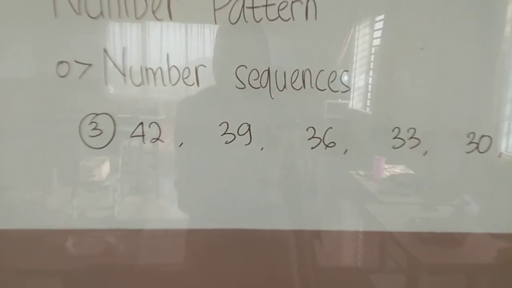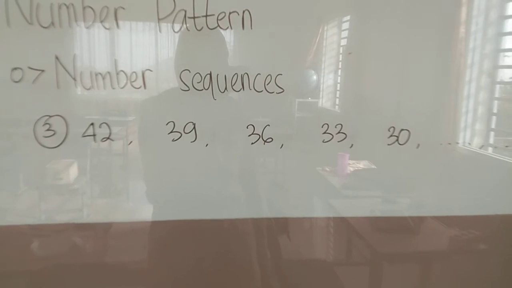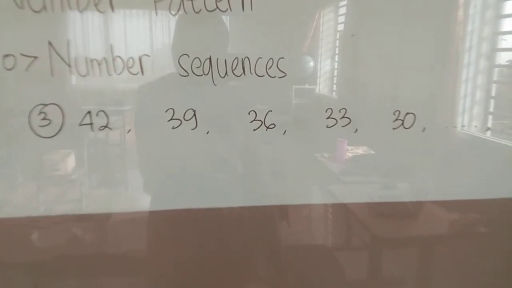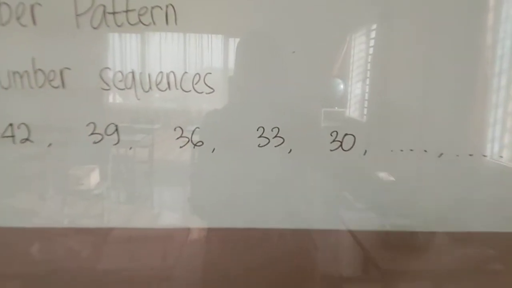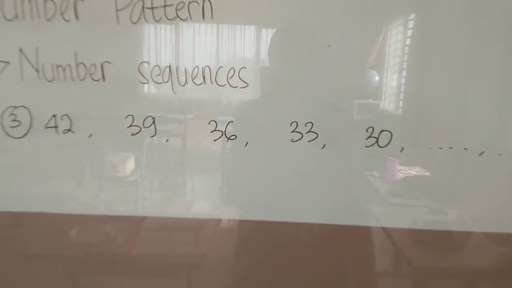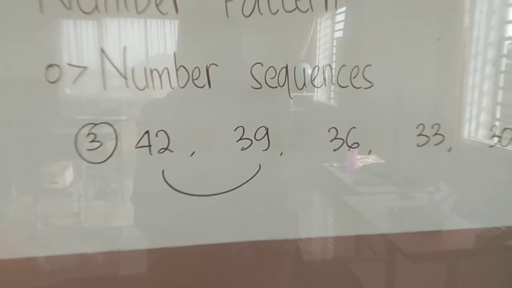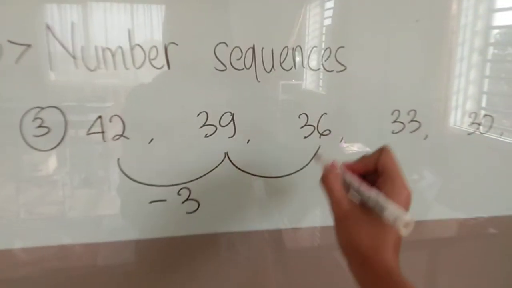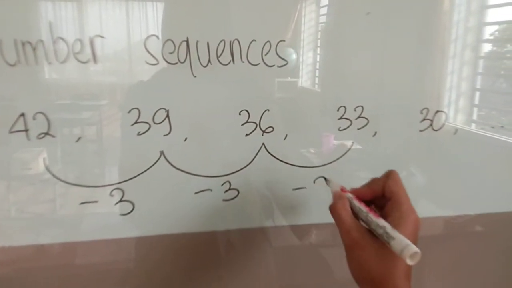Okay, another example. There is a number sequence starting from 42, 39, 36, 33, and 30. And you have to find the next two terms after 30. Okay, you have to take a look here. We have to find the pattern. Okay, 42 to 39, subtract 3. Also with this, subtract 3. This one also subtract 3.